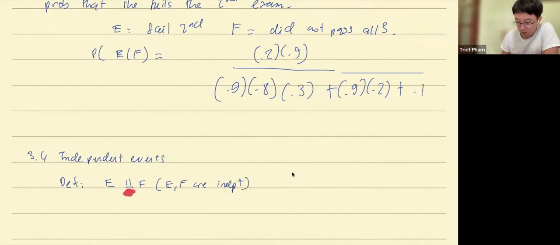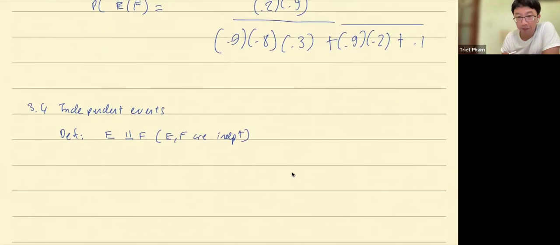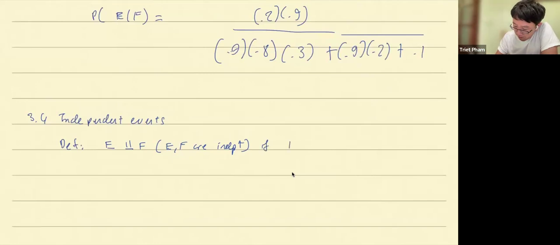This is an orthogonal notation, just an abbreviation, because writing independent a lot of times is tiresome. But E and F are independent. This is just my notation, meaning orthogonal, because as you'll see, orthogonality has a lot of analogy with independence. But anyway, if P of E given F is P of E, all right?